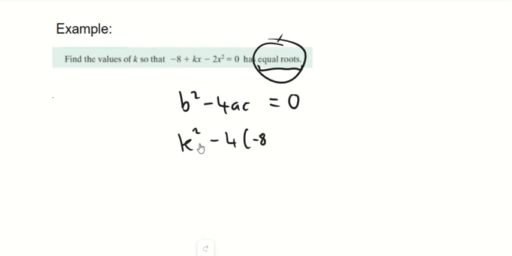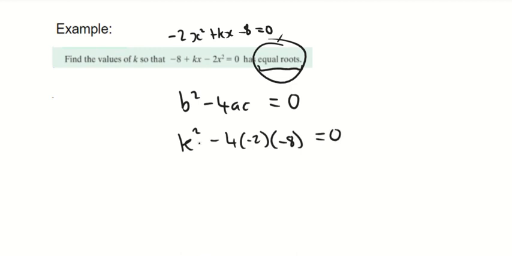So therefore our k squared, so k is the b here, minus 4 times minus 8. Sorry, they've rearranged a little bit here actually. So I could rewrite that quadratic as minus 2x squared plus kx minus 8 is equal to 0. I don't know why they rearranged it, but you can see that the a will be minus 2 and the c is minus 8.